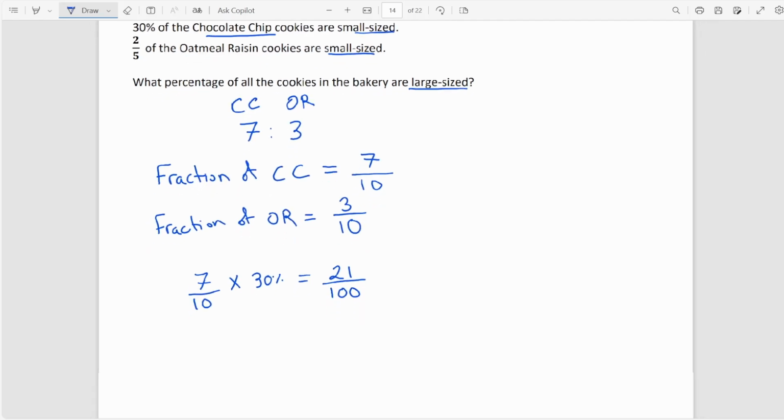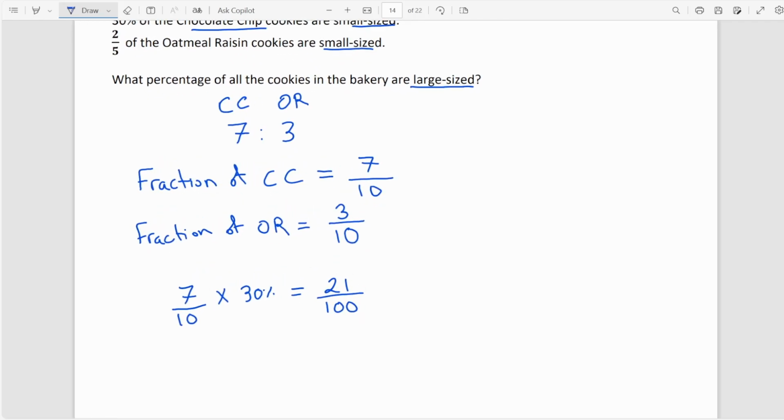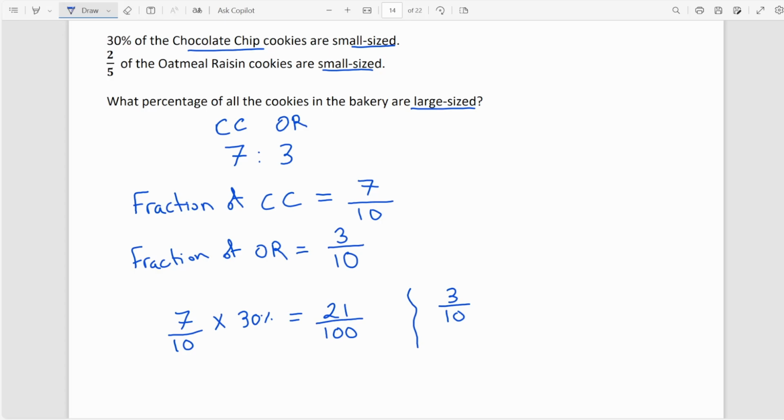Okay. Now I'm gonna write it over here. As for the oatmeal raisin, we know that they represent 3 over 10 of the cookies, and 2 over 5 of them are small size. So I'll multiply this by 2 over 5, okay?